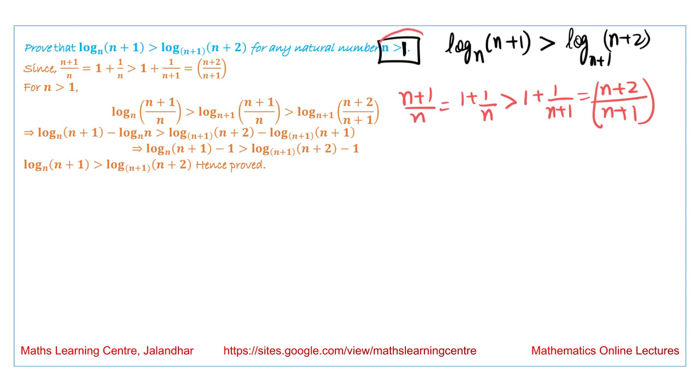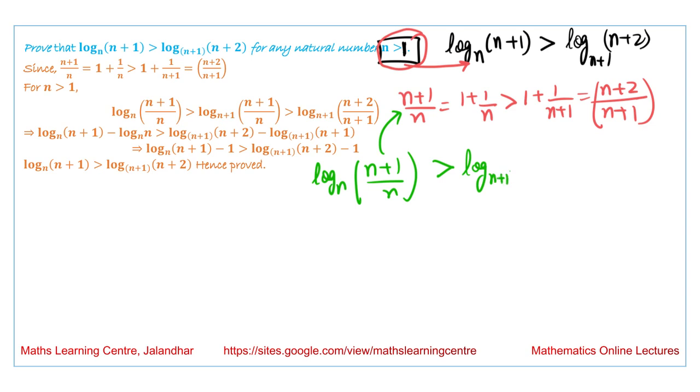Now we are talking about the case when n is greater than 1. So for n greater than 1, the log is an increasing function. So what we get from this is that log to the base n of n plus 1 over n is greater than log of n plus 1 over n.